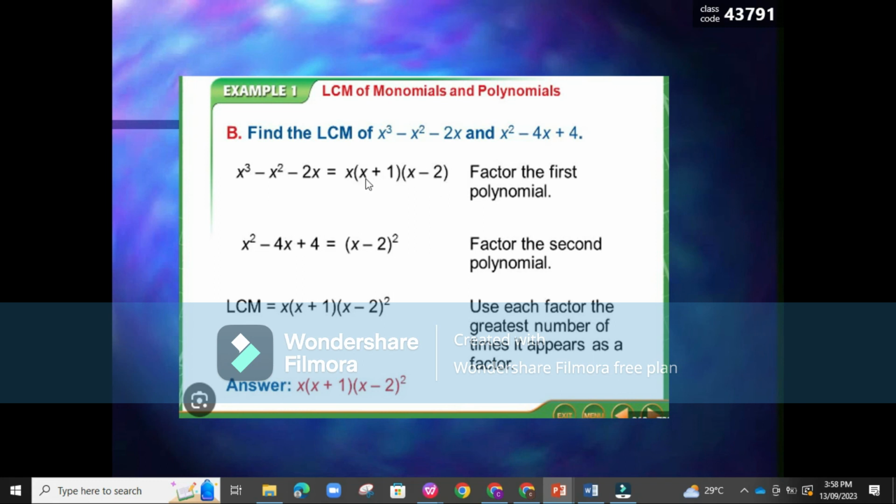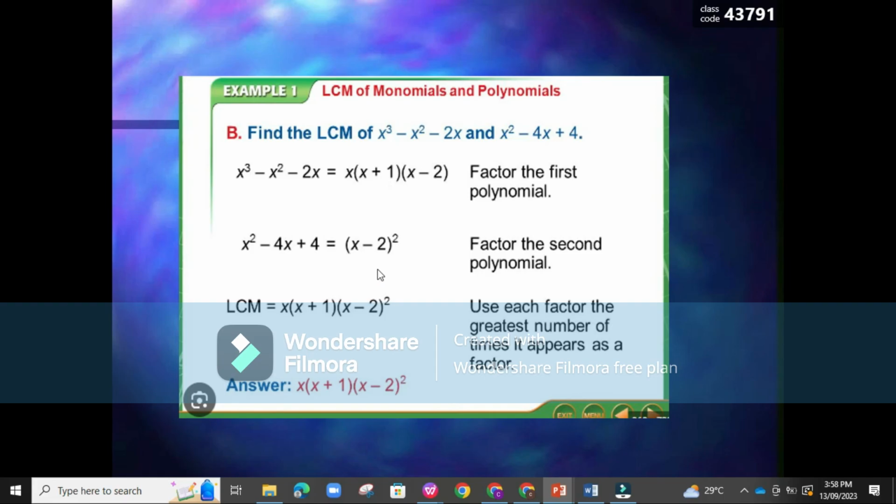Okay? Then, factor the second polynomial. x squared minus 4x plus 4, the factored form is x minus 2 quantity squared. Then, the LCM will be, copy here, x, then x plus 1.